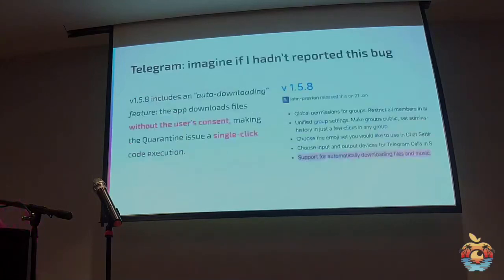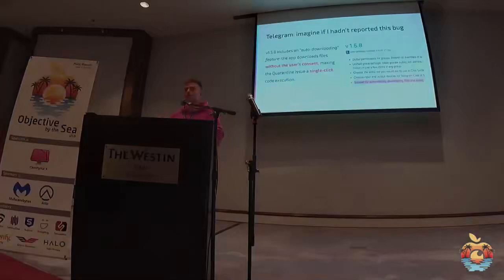The problem is that the same version on which I was testing the exploit wasn't vulnerable, but the beta version was vulnerable. It has an auto-download feature, and it results in the app downloading files without the user.